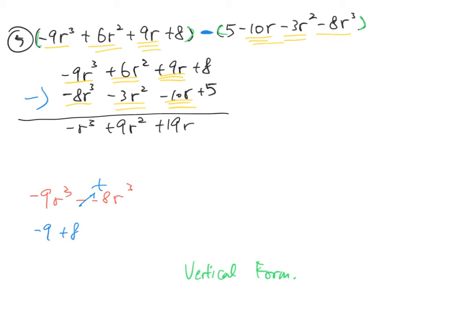And at last, 8 minus 5. So 8 minus 5 is to be 3. Okay?